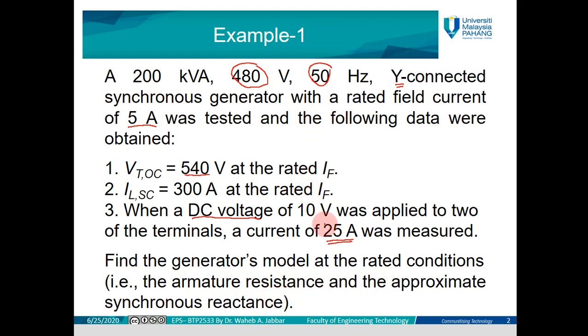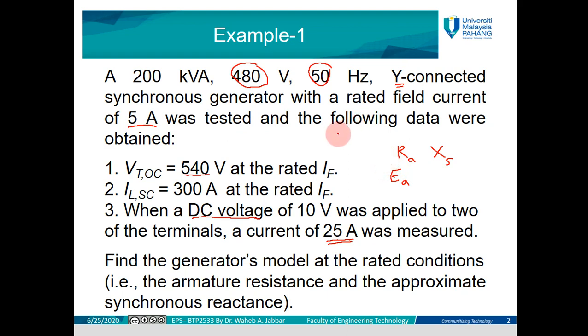You want to find the value of RA and also the value of XS. Both need to be found in addition to the value of EA, because all these three parameters represent the armature circuit of the synchronous generator.